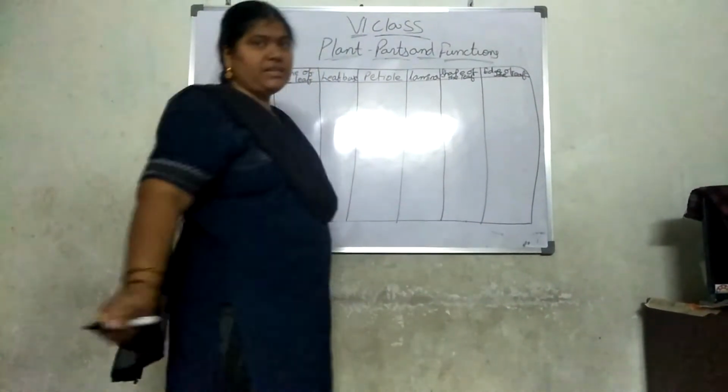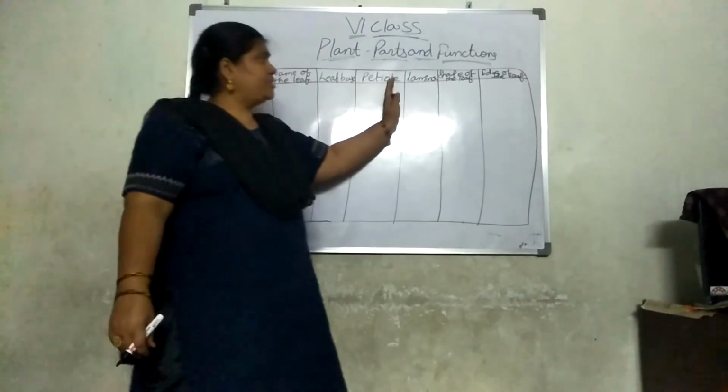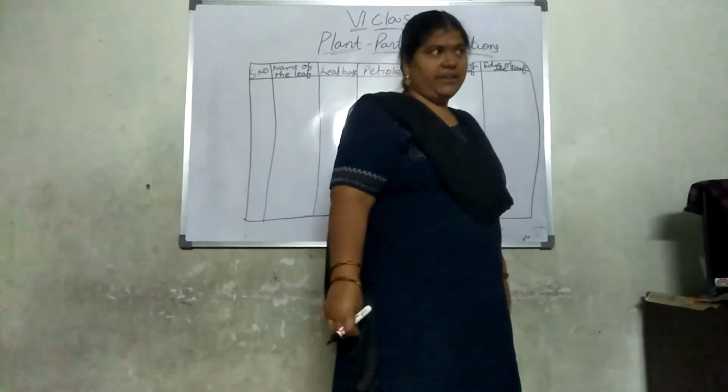Now what are the different things we have to see? The name of the leaf, leaf base, petioles, lamina, shape of the leaf and the edge of the leaf.